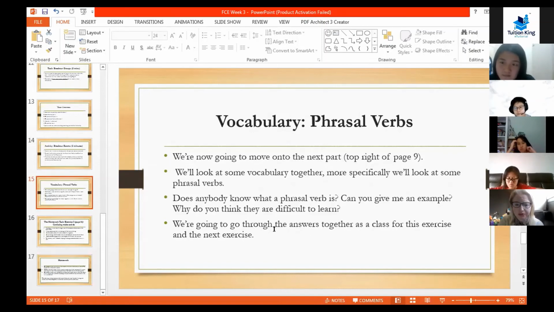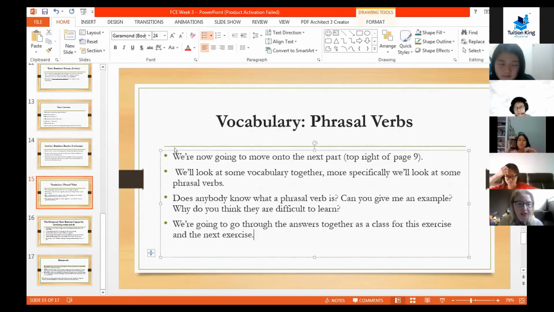And we're going to go through the answers to this exercise together. And for that, I'm going to show you the book. So just simply having a very quick look here. You see the first example's been done for you. This is the top of page 9. And the first phrasal verb, to get on with.